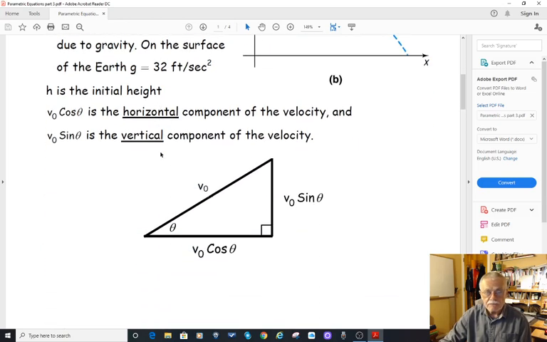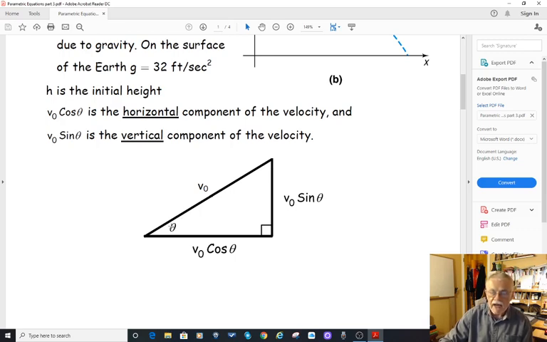First of all, let's go back to the idea of vectors and components. We have a velocity vector right here, or actually its magnitude, and something is thrown, fired, tossed, or hit at an angle theta.